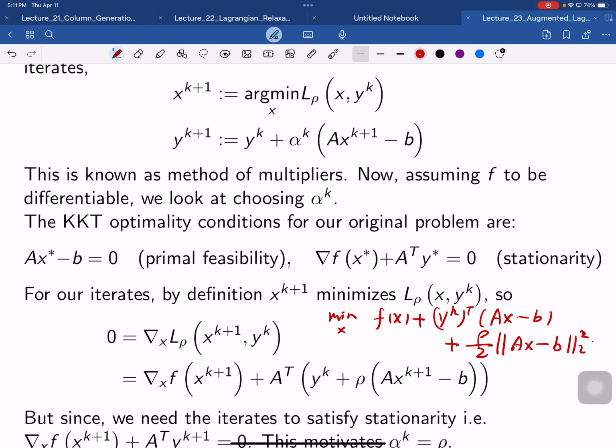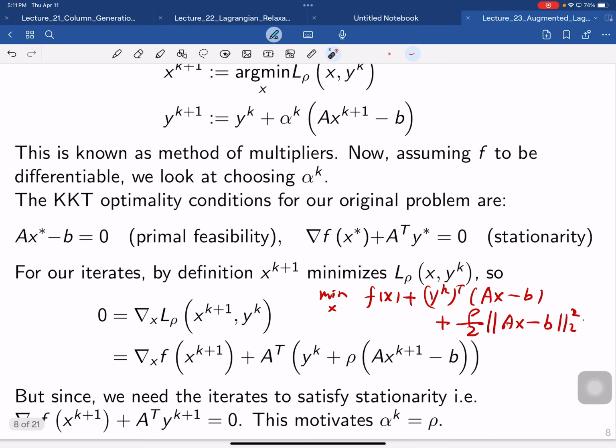Okay, so this problem is apparently a convex problem, because f(x) is a convex function, this is a linear term over x, and this is a quadratic function of x. The norm function is a convex function.